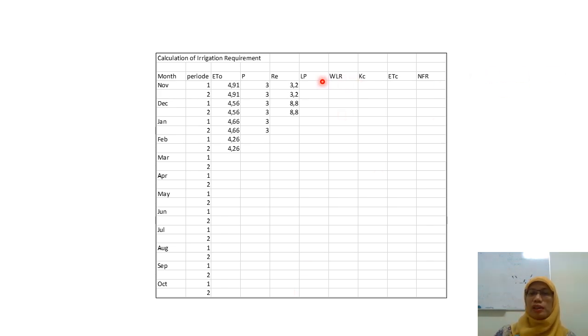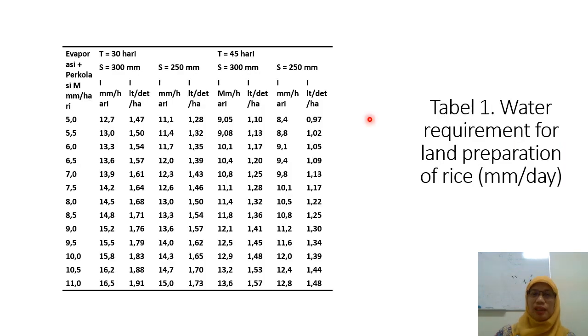Next, we calculate the land preparation. To calculate the land preparation, we just see the table that I already showed you in the previous class. This is the table of the water requirement for land preparation in millimeter per day or liter per second per hectare.